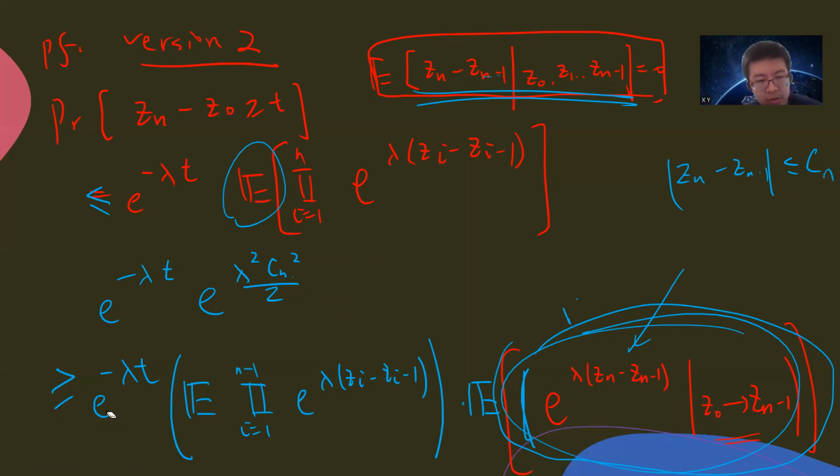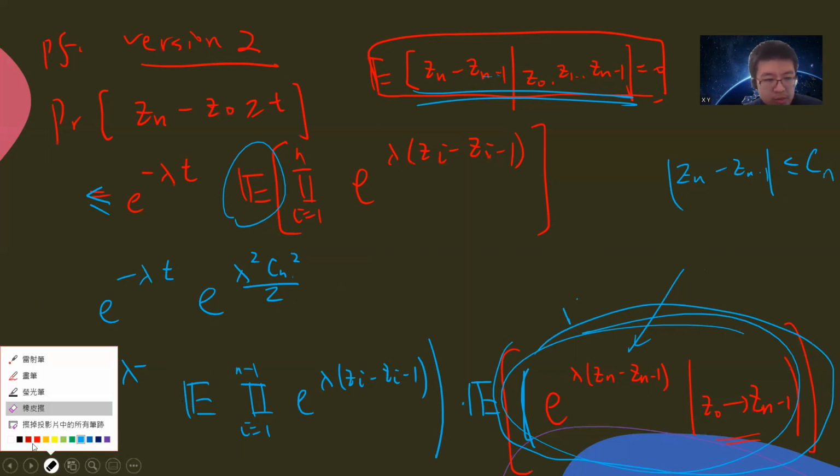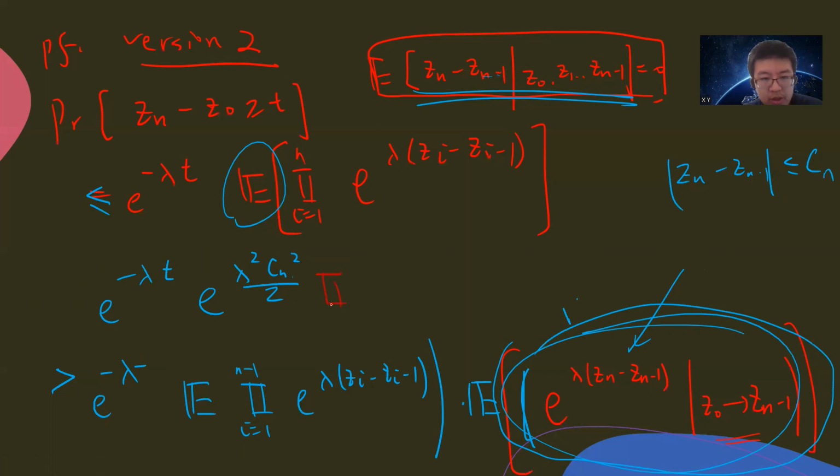Now you have already dealt with this term and this term, so the remaining is this exponential term. You get the exponential of the sum from i equals 1 to n minus 1 of lambda (z_i minus z_{i-1}). Let me write this down.